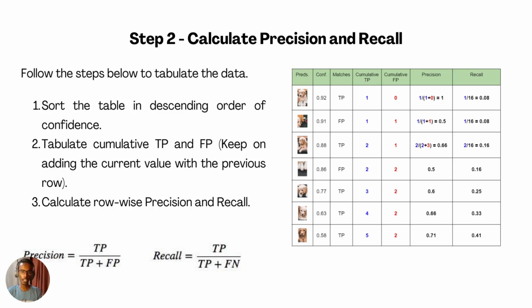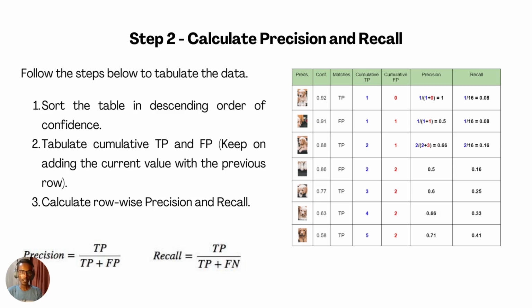And then we just accumulate the number of true positives and the number of false positives and write them out and tabulate them next to the matches. And on the third step, we calculate the row-wise precision and recall by using the formulas we have seen in the previous section.